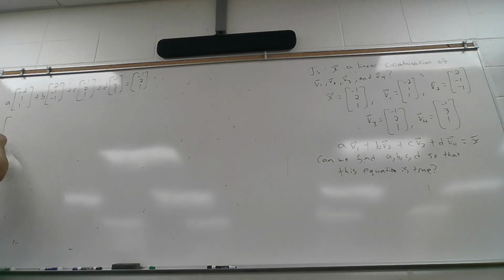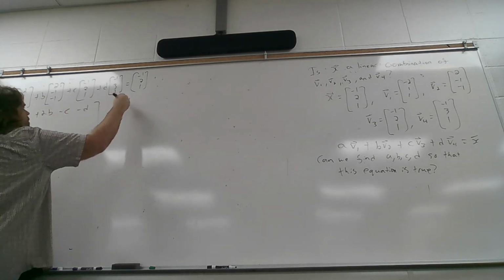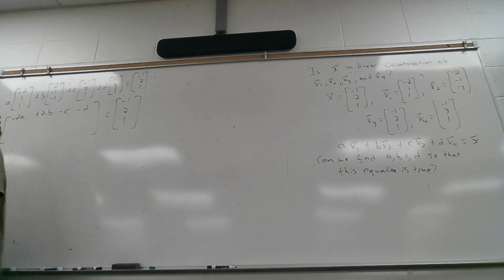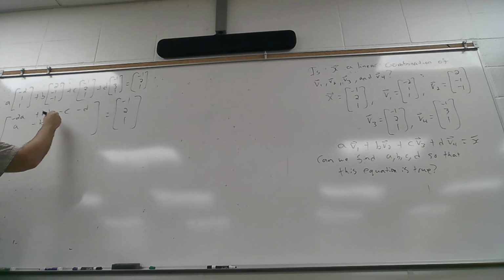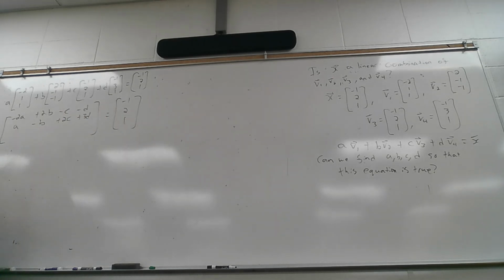So if we combine all this together, we're going to get minus 2a plus 2b minus c minus d equals minus 1. Then the next one is a minus b plus 2c plus 3d equals 2. A minus b plus c plus d equals 1.